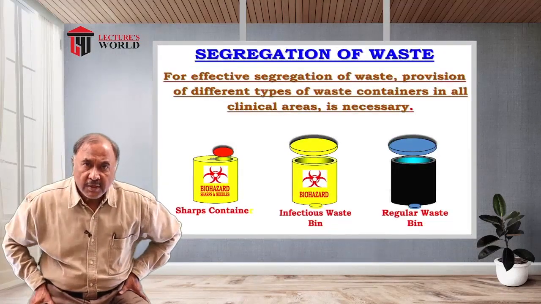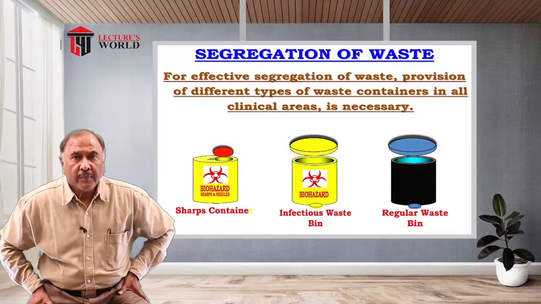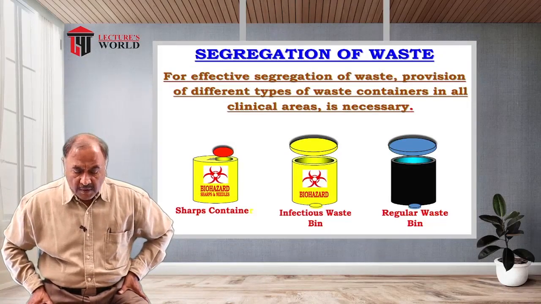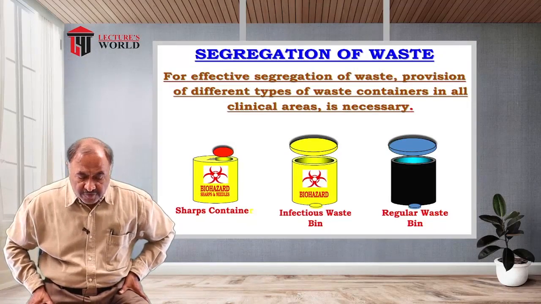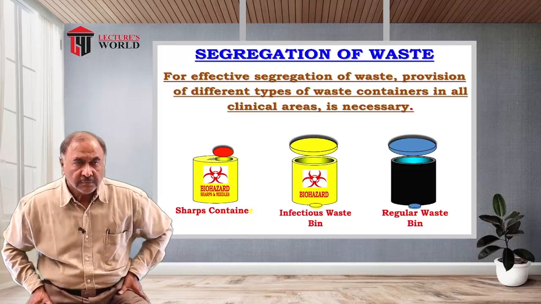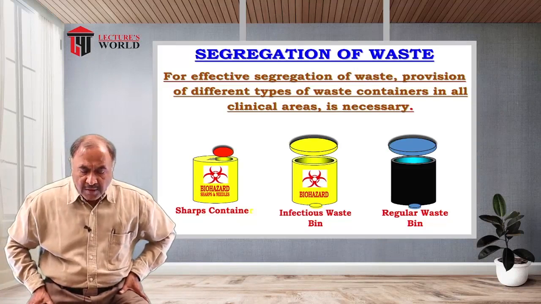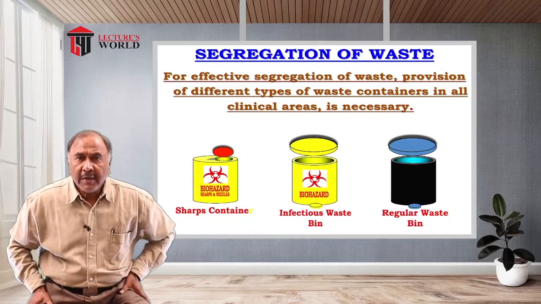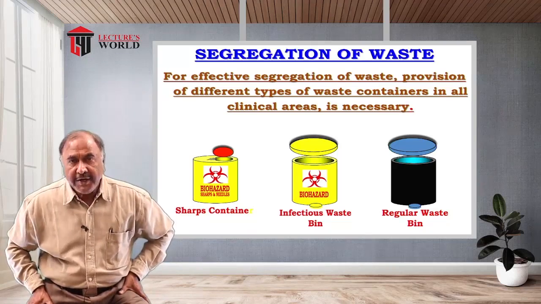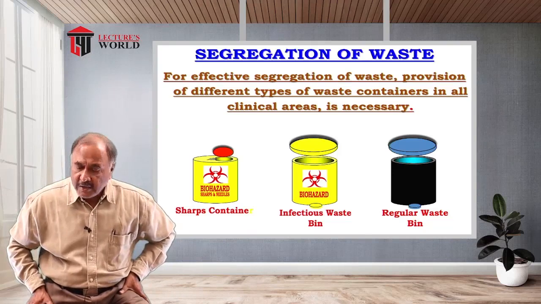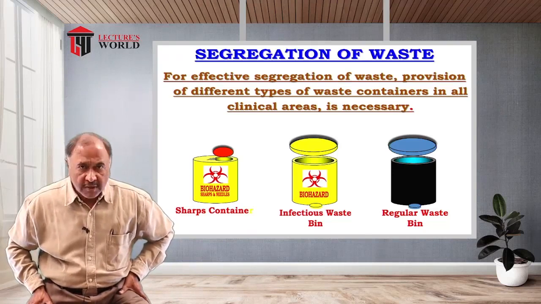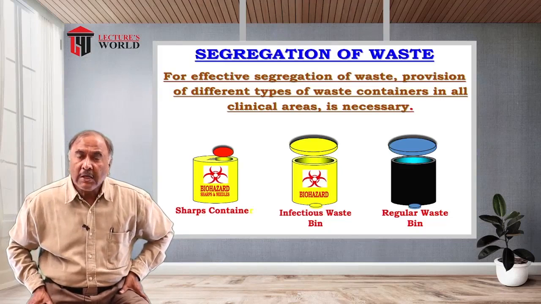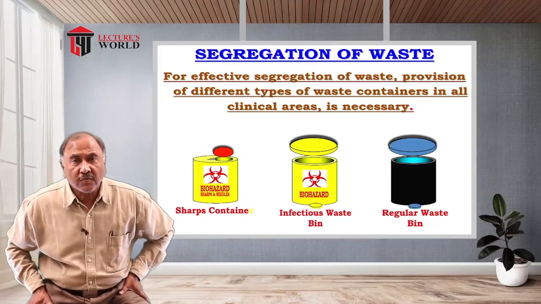Another important thing in prevention of infection in the hospital environment is the segregation of waste. For effective segregation of waste, one should make arrangements for different types of waste containers in all clinical areas of the hospital.